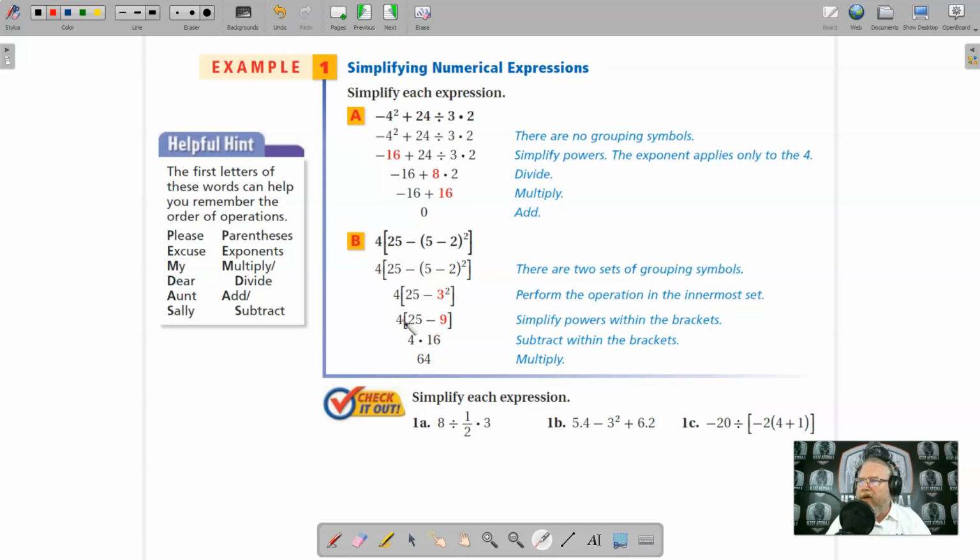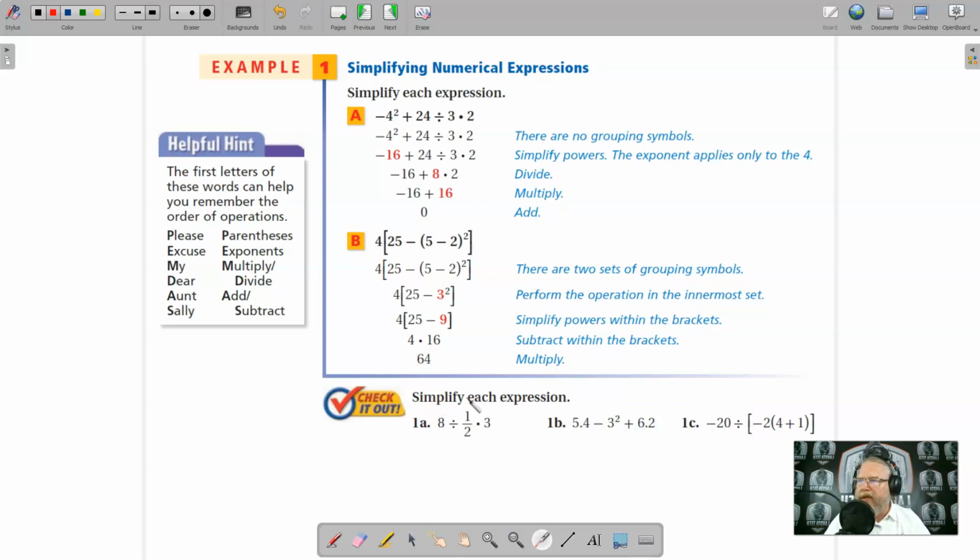Notice that there is no multiplication sign between the 4 and the brackets. The absence of an operation symbol lets us know that we should use multiplication. So this means 4 times whatever's inside the bracket. We simplified the bracket to 16, so that means 4 times 16. 4 times 16 is indeed 64.